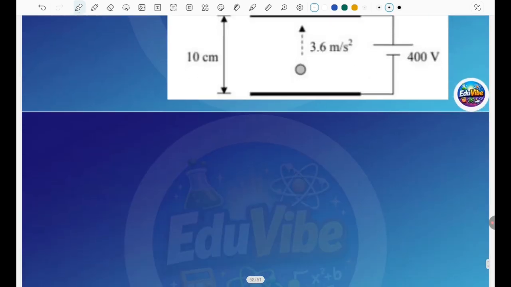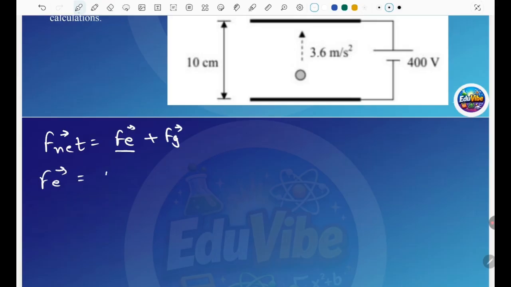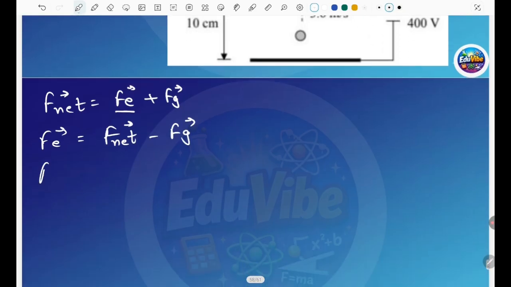So you know that F net is equal to Fe plus Fg. We want that thing. So Fe is equal to F net minus Fg. Fe is equal to ma minus mass into gravitation.